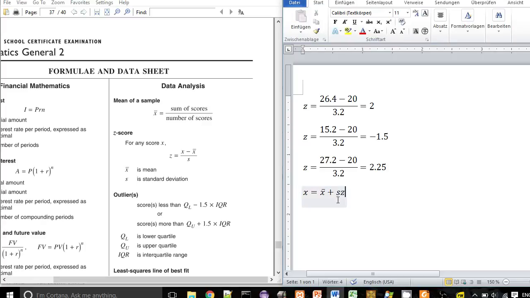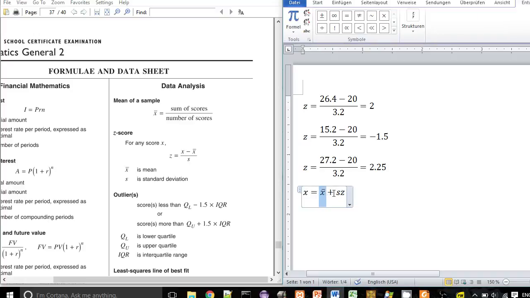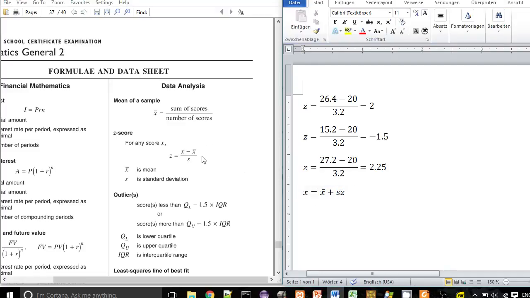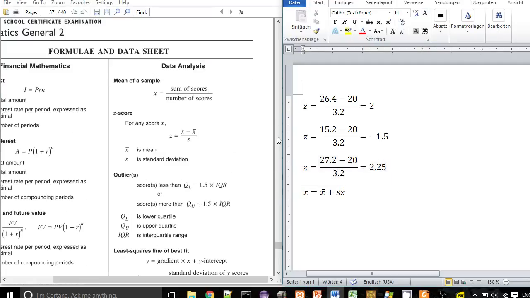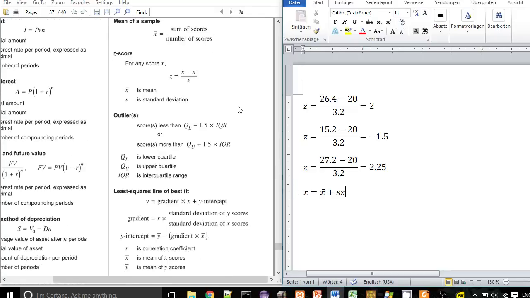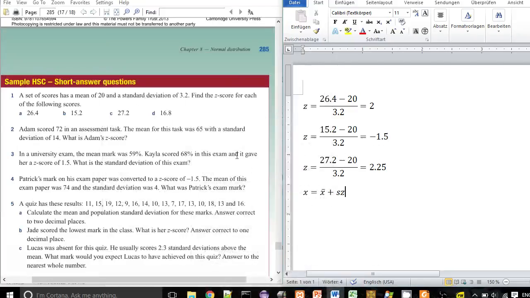So if you knew the z-score and you wanted to find the score, you'd start with the mean and then add the standard deviation times the z-score. I just multiplied by s and then added the x bar, which is the mean. I just encourage you to look at these things and play with them for a while until they make sense. I can't say much else.